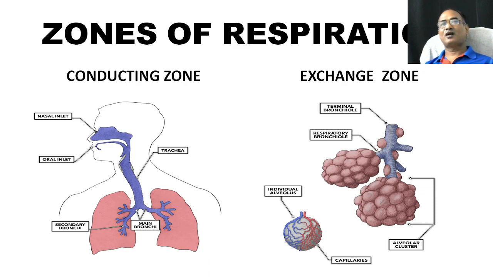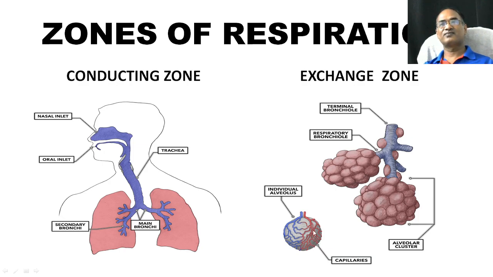After reaching the alveolus, there are thousands of bags available. Each and every bag we call an alveoli. This alveoli is covered by a dense network of capillaries and veins.